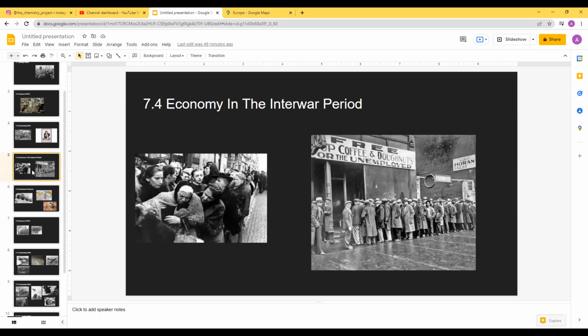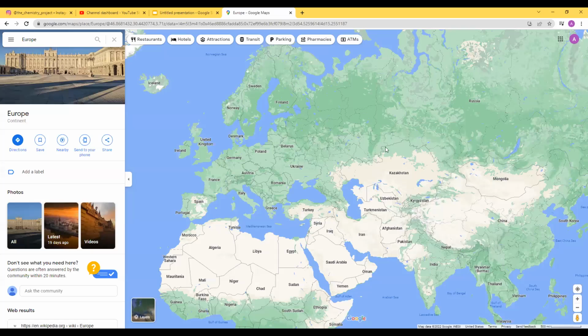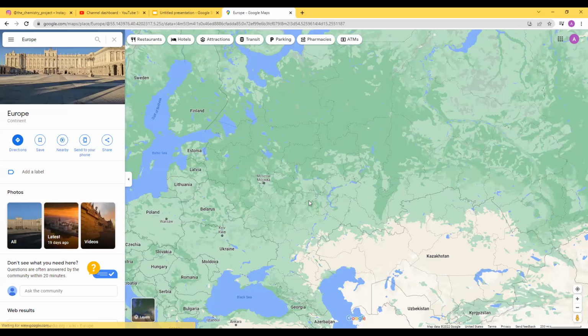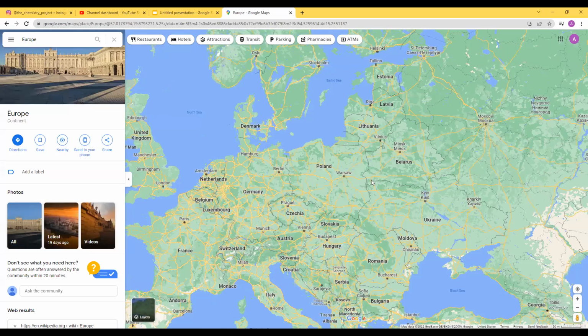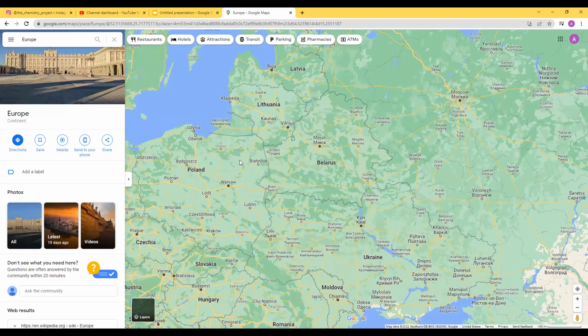Okay. So I'm going to show Google Maps over here. From Poland, he went on to Russia, all the way up to Moscow and places like that. And he managed to get almost to the gates of Moscow, but then by then it became winter.